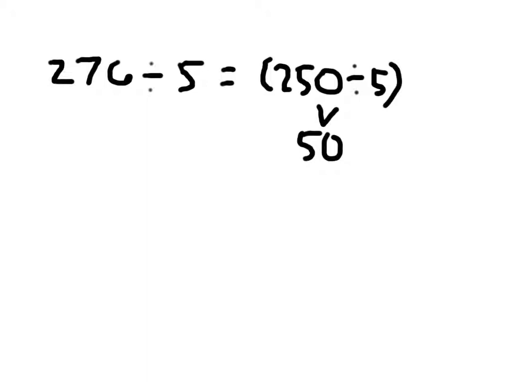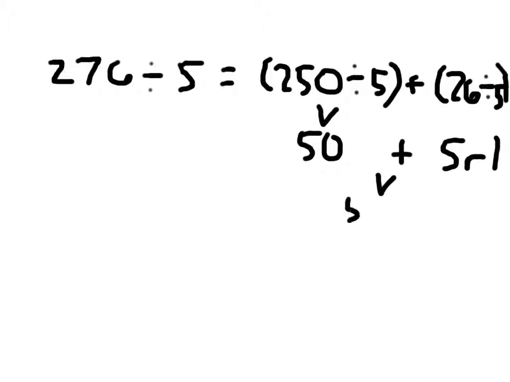And if we already broke apart 276, 250 plus what is 276? Oh, that's 26. So that's 26 divided by 5, which is 5 with a remainder of 1. We put those together, we get 55 with a remainder of 1 as our answer.